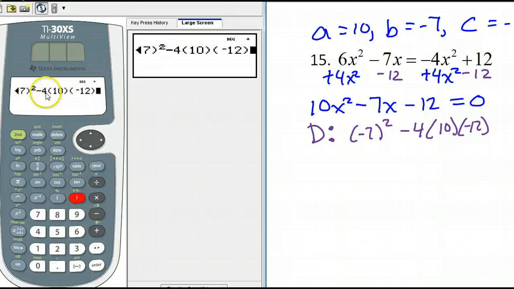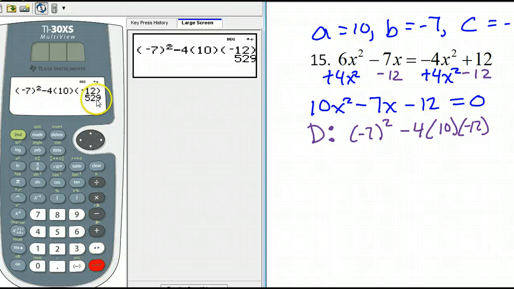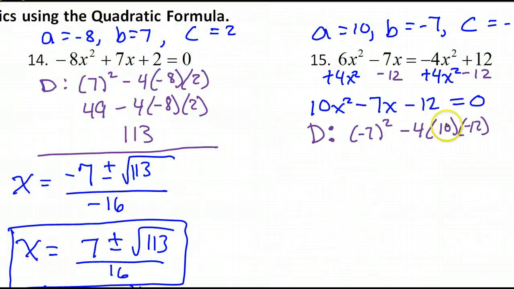So I really could literally type it in as b squared minus 4ac, as long as I remember to put the b squared in parentheses. So that's going to give me 529. Okay, so now I can go ahead and solve the problem. Keep that in mind. So this was 529.